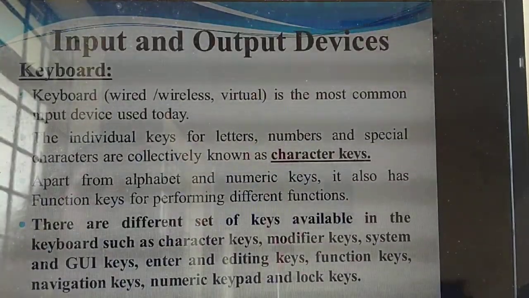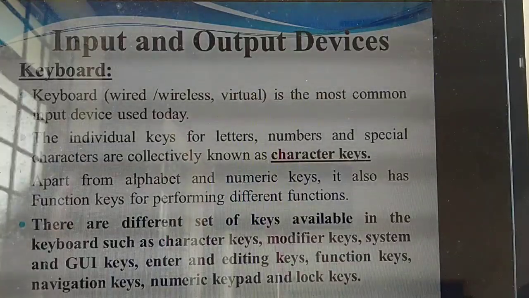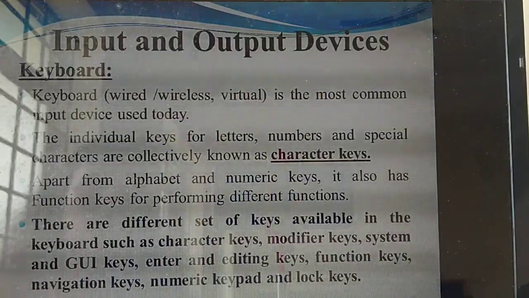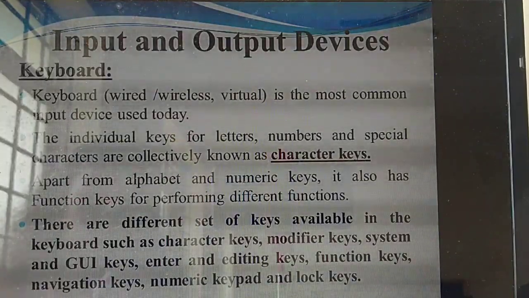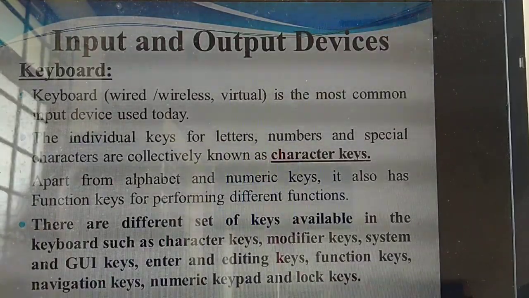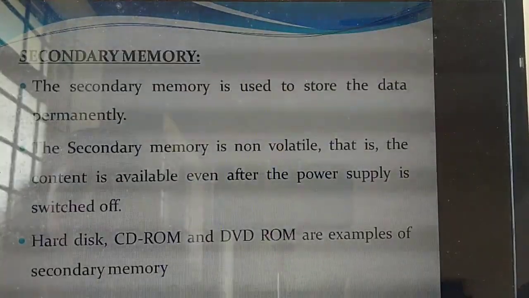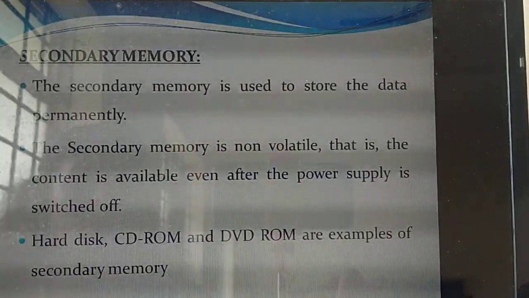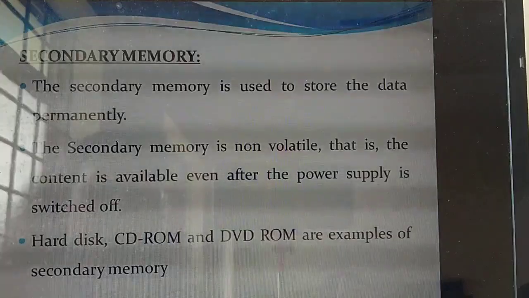So next thing you are going to study about devices. Till now you have studied about what? Units: input unit, output unit, processing unit, and all the things here. Up to this, you need to write the components of a computer. Understand? It is a very important 5-mark question.